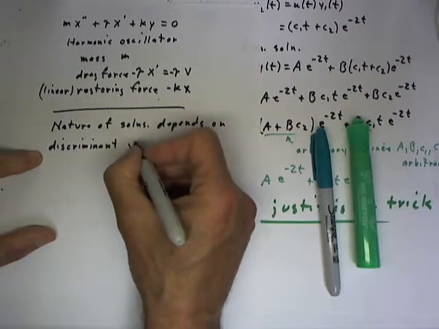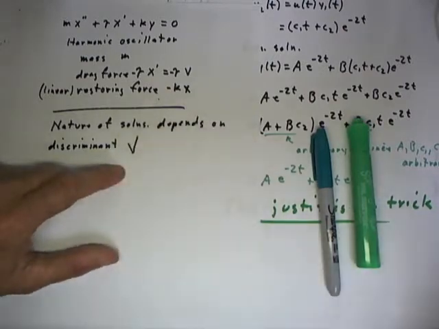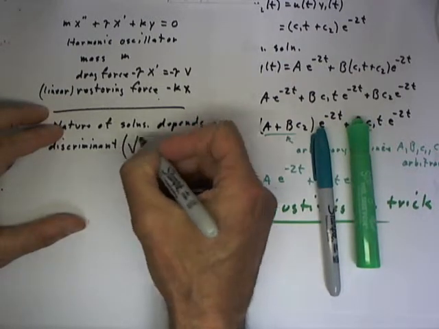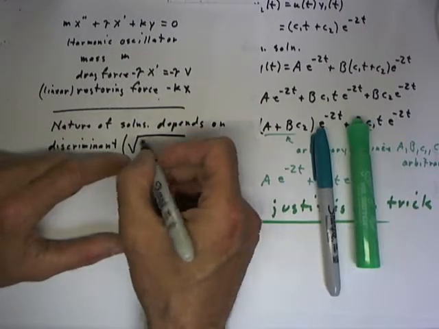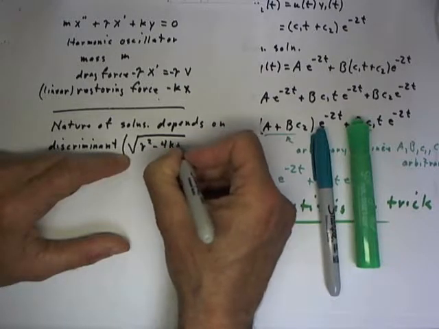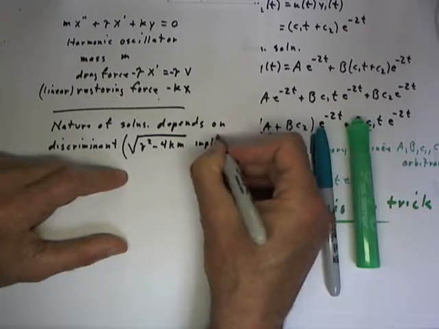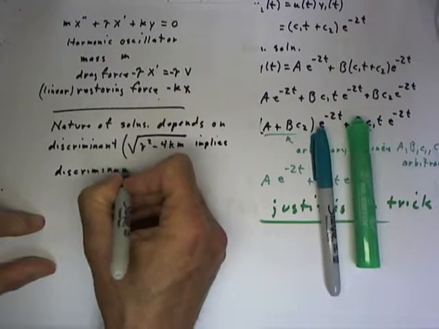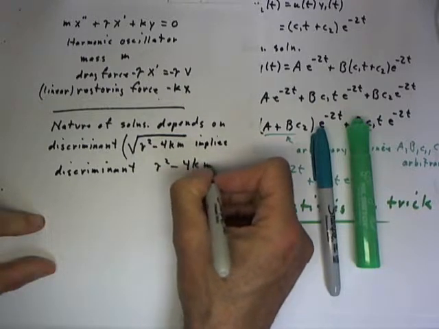Well, the discriminant is not the square root, but I'll rescue myself and say that the term in the quadratic formula, γ² - 4km, implies discriminant γ² - 4km.